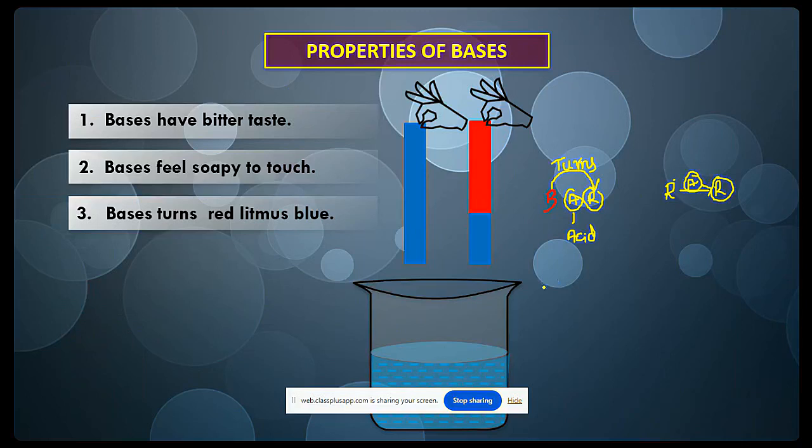Whereas if red turns to blue, RBB: red turns to blue, and blue remains blue, triple B. So these are the bases. If red turns to blue, it is a base, and if blue turns to red, it is an acid: BAR. Keep it in mind. So here this solution is a base solution.